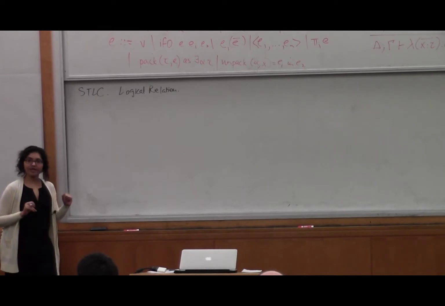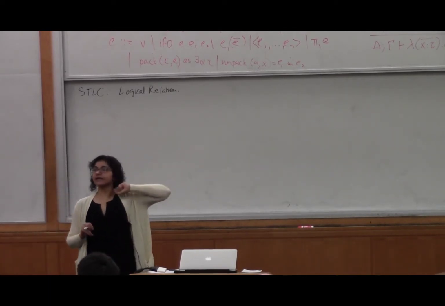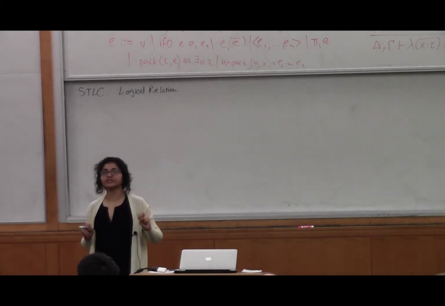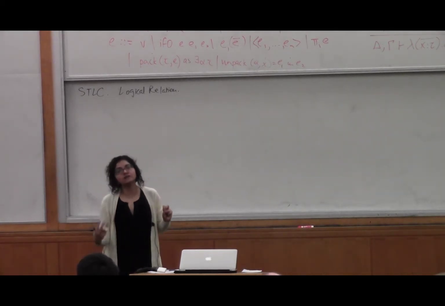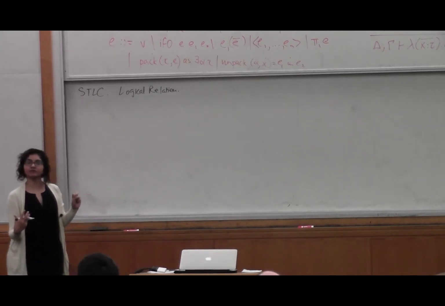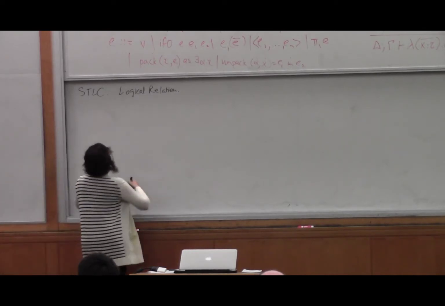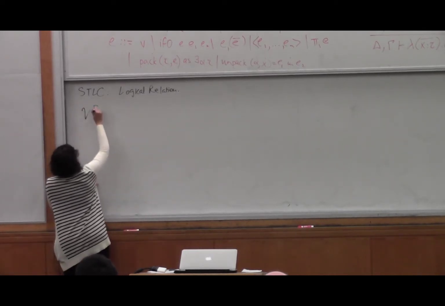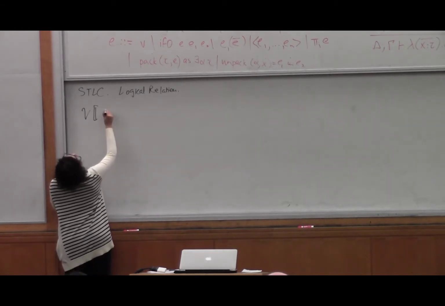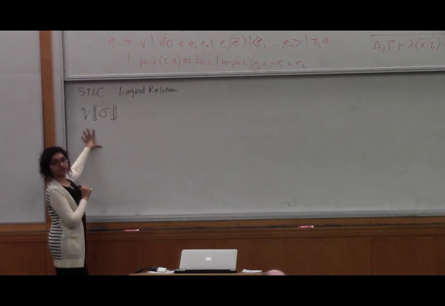Okay, so basically, we'll start simple. We have values in the language, we have expressions in the language. I'm going to start out by defining a value relation that tells me when closed values in the language are related. I'm going to construct this logical relation by induction on the structure of the types. So the first thing I'm going to do is set up a value relation indexed by the types of the source language. Right now I'm just showing you the shape of the relation I'm about to create.